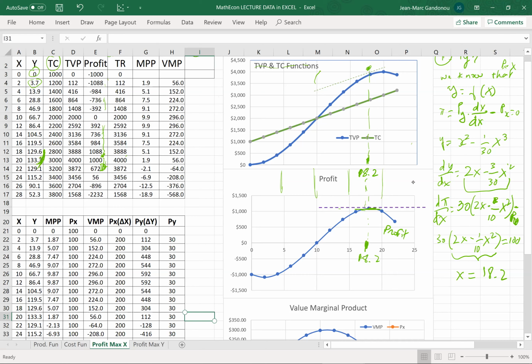An important thing to notice is that on the total value product, okay, you can have a higher revenue and use higher input, but you'll be making less money.